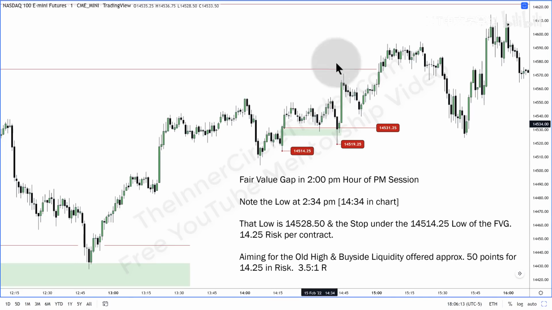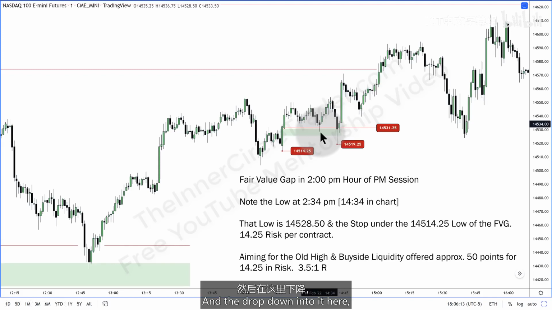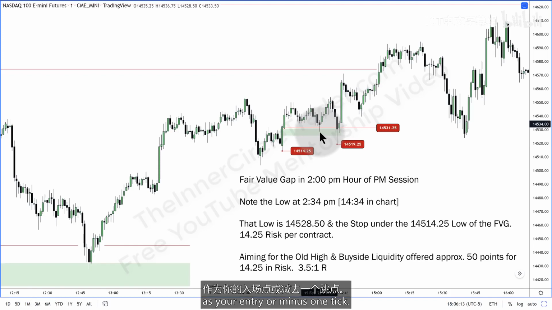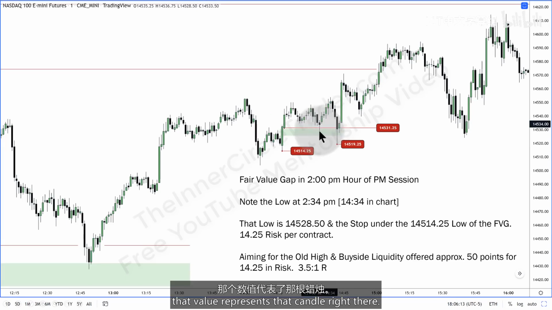The fair value gap is even better when you have the sell side liquidity resting below a short-term low. And the drop down into it here, you can use that low as your entry, or minus 1 tick. Okay. This short-term low forms at 2:34 p.m. Now, if you look at the low figure up here, that value represents that candle right there. So that's why you see it highlighted here.